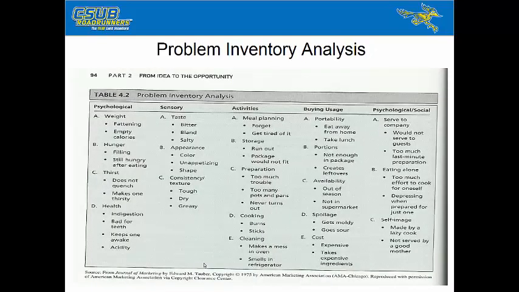So, what is an existing imperfect product that we could try and improve?